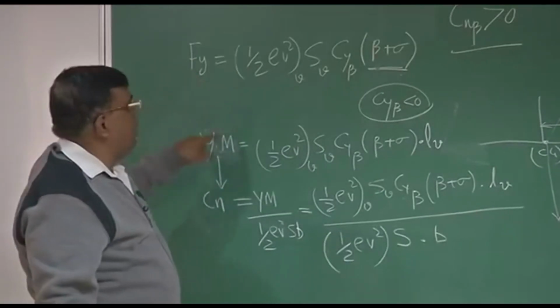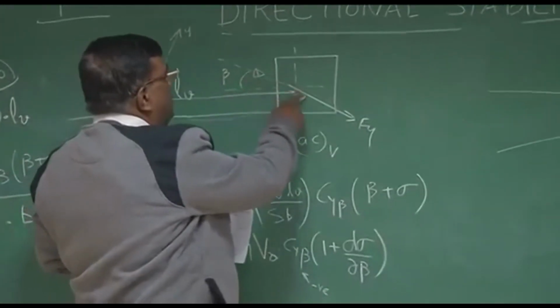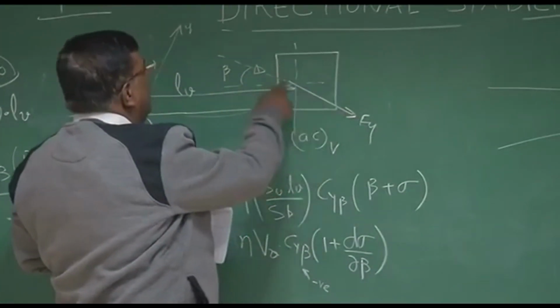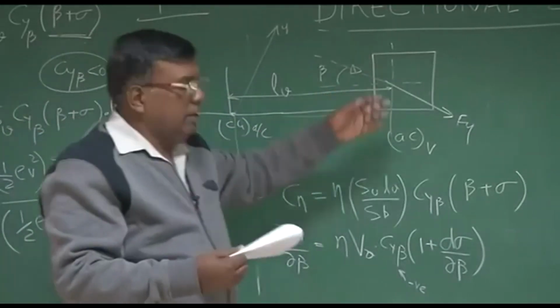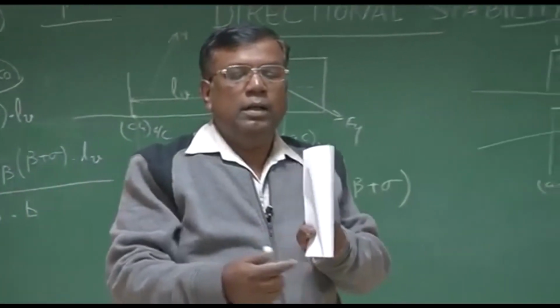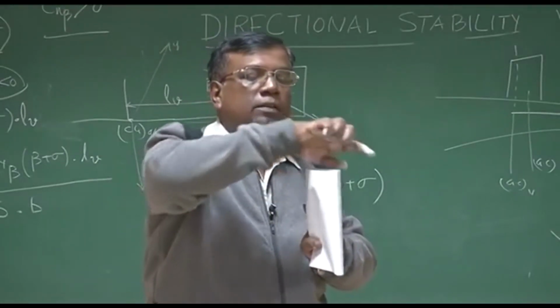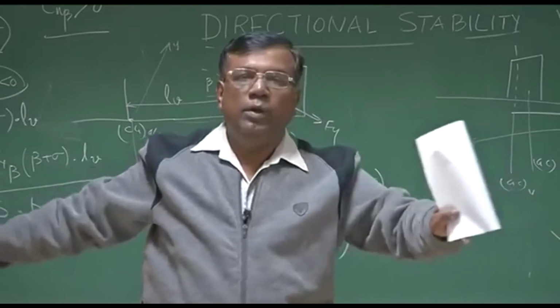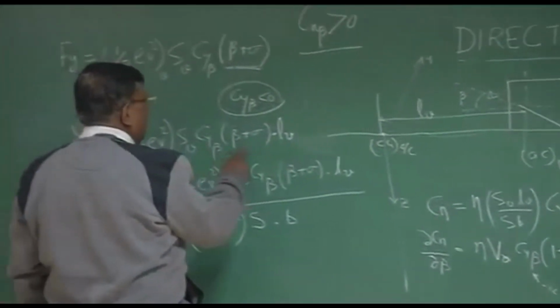Now, from here when I come to the moment, please see, whatever Fy we are getting should give me a positive yawing moment, right? If you see, this is the vertical tail and Cg is somewhere there. If there is a beta, the force is here, that will give a moment so that the right wing goes back. Now I have to see whether I have taken that into account or not.